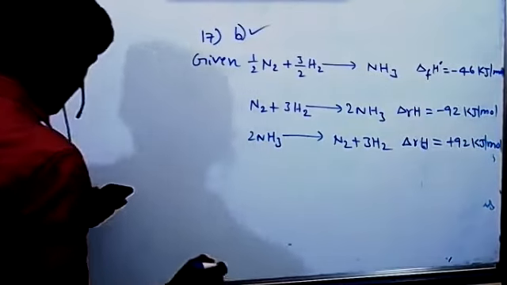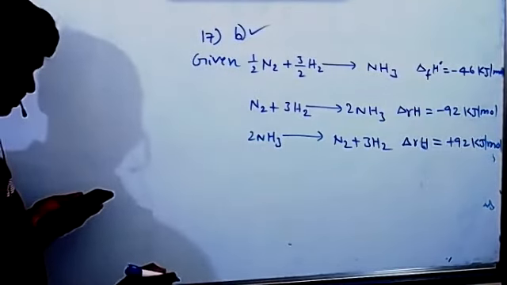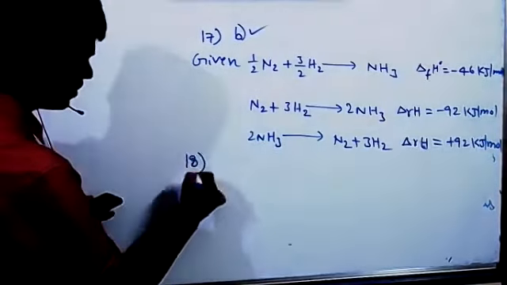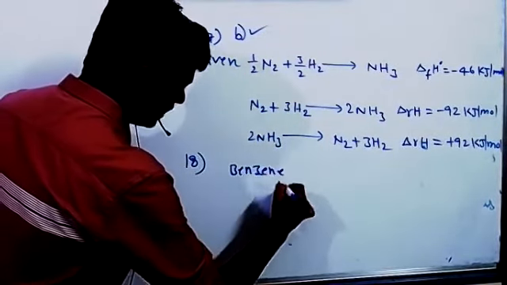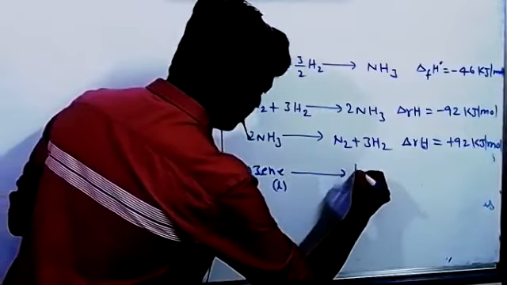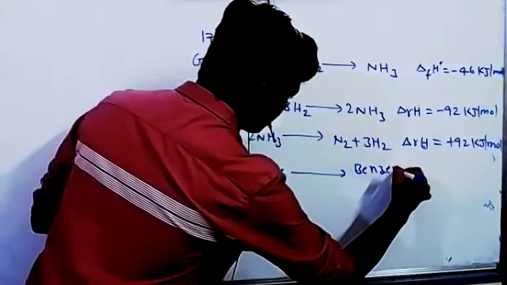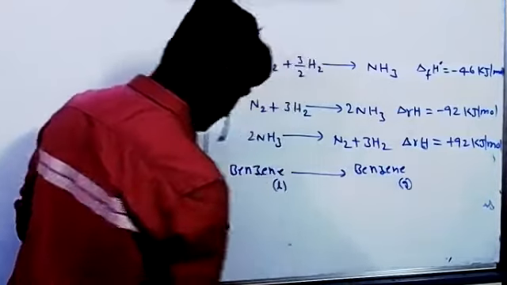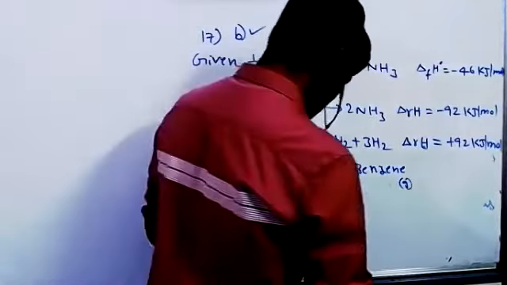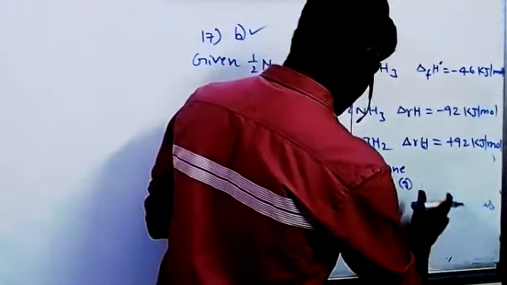Enthalpy of vaporization of benzene is 35.3 kilojoule per mole. So benzene liquid to benzene vapor or gas, gaseous form. The enthalpy involved is plus 35.3.